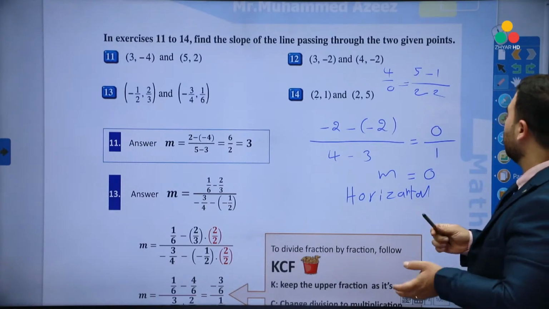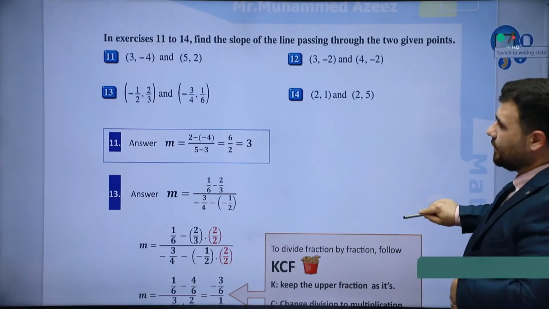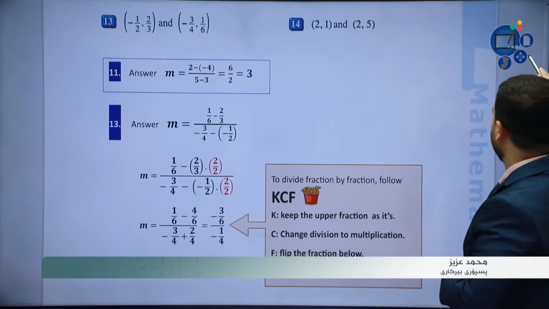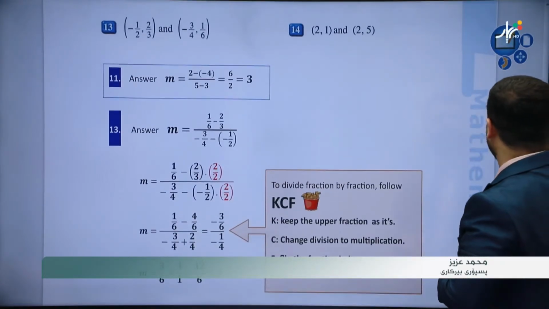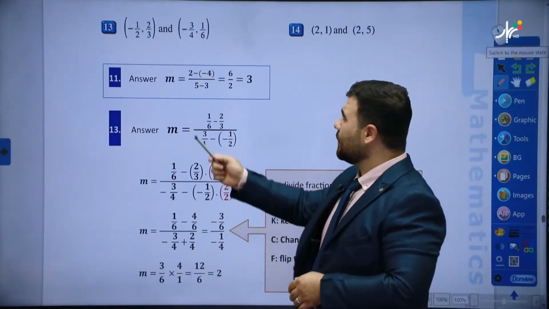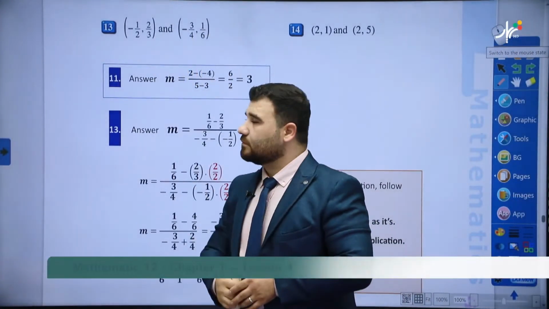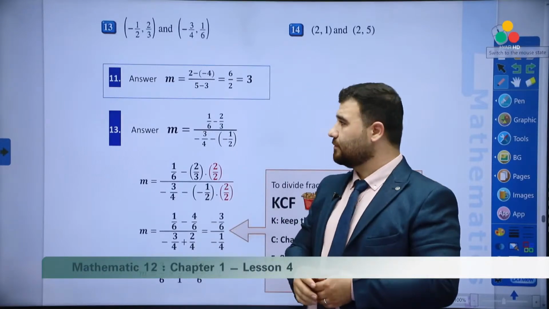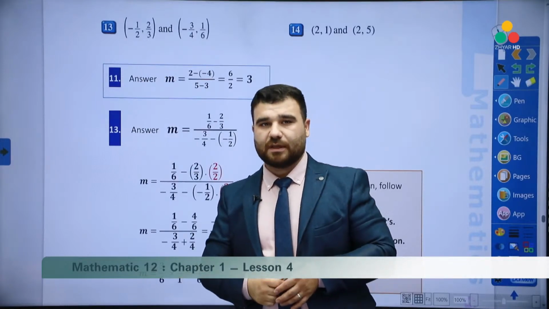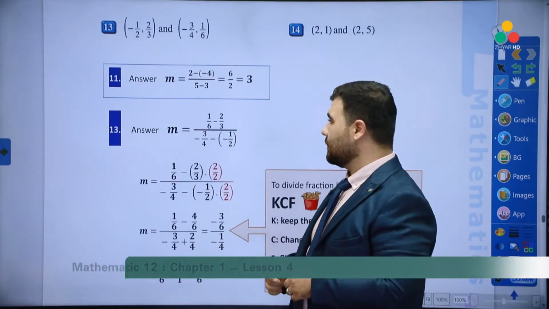Question 13, the coordinates are fractions. Let's see how we can deal with it. The way we deal with it is the same. y2 minus y1 over x2 minus x1. y2 minus y1, these 2 fractions, over x2 minus x1, these 2 negative fractions, no problem.